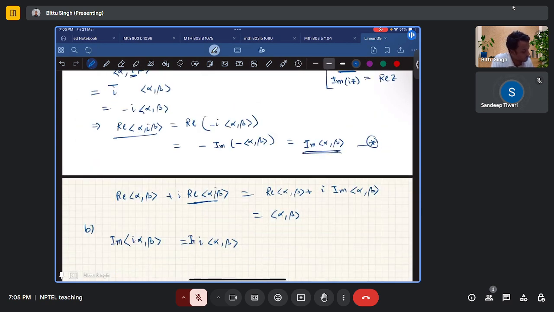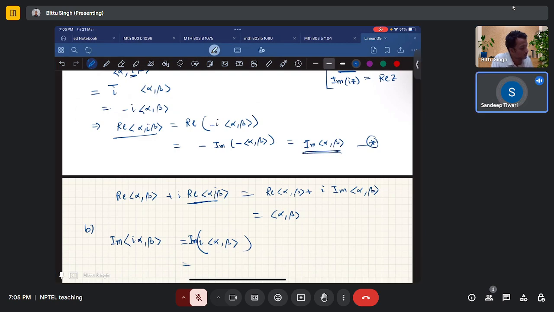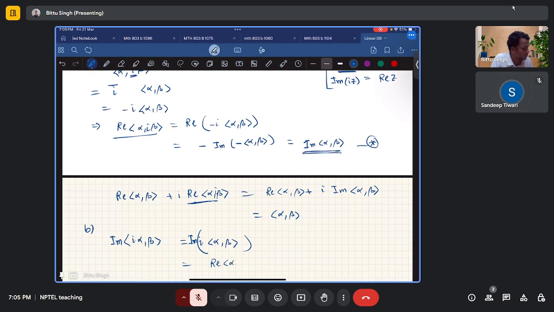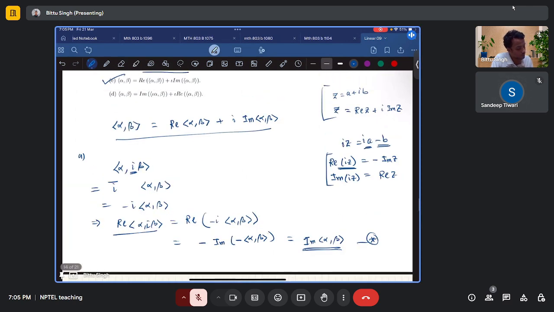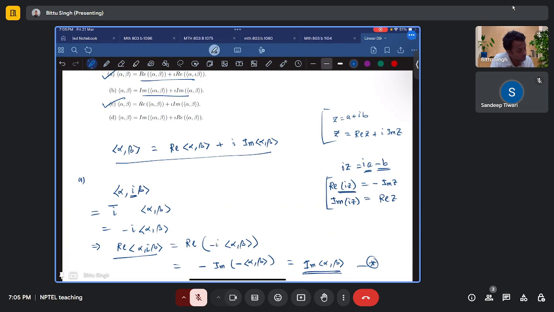If we apply the imaginary part, we get the real part of alpha beta. So again this is true. This is real alpha beta, and the second is i times imaginary alpha beta, which is the same. So this is correct.